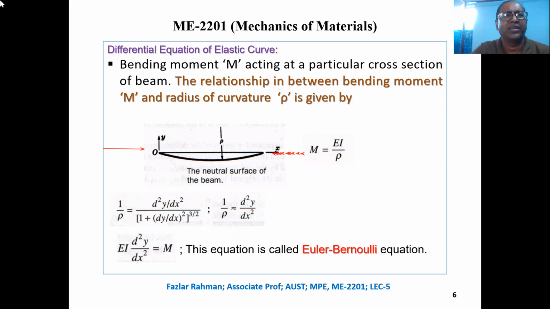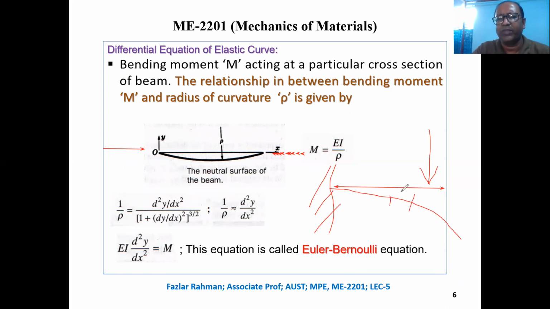Say you have a cantilever beam, supported on the left side, for example. If we apply load right over here, then it bends like that. Why? Because at every point bending moment is working.